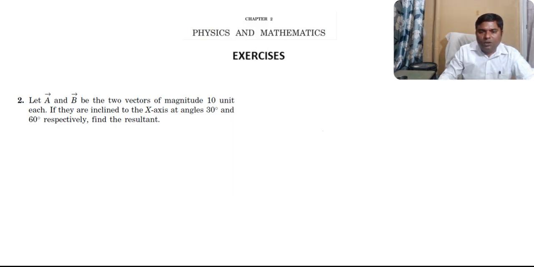First of all, we draw the x-axis and y-axis. Suppose this is our x-axis, this is our y-axis. Vector A makes an angle of 30 degrees. Suppose this vector is OA.